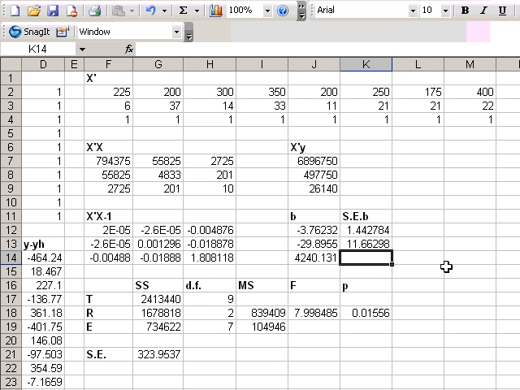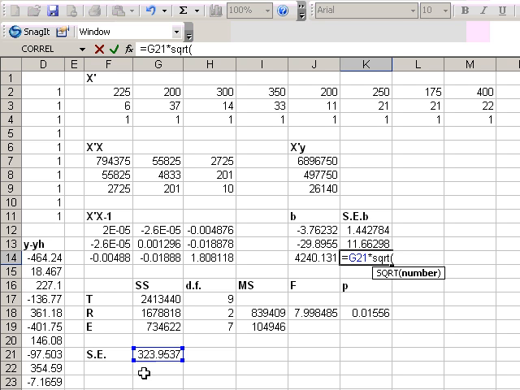And finally, although we are not particularly interested in the t-test for the intercept, we will get the standard error of the intercept, which is equal to, again, the standard error of regression times the square root of this entry.